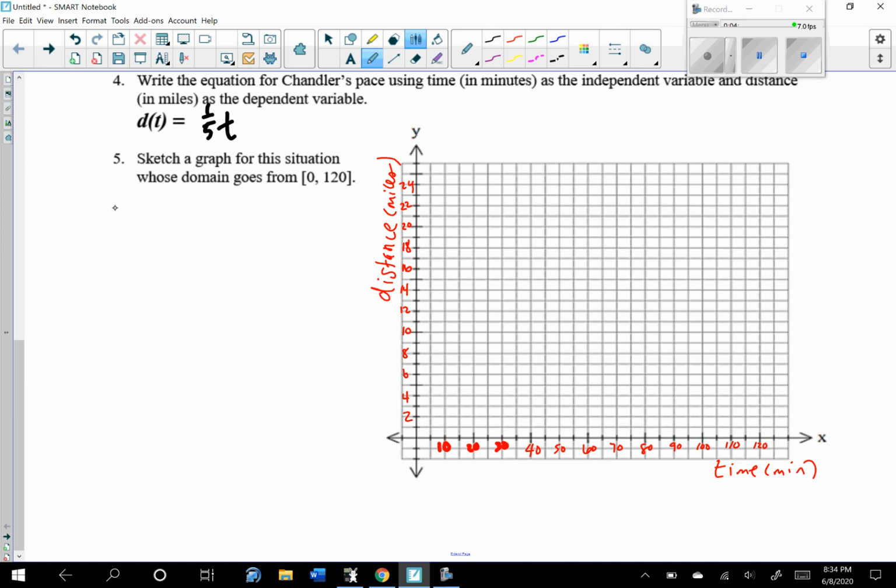So if I do d of 120, remember this is just function notation, we're just using the equation up there, we get 1/5 times 120, which is equal to 24. That means that we have the point 120 comma 24. So the highest range value we have for this domain is 24, which is right here on my graph.